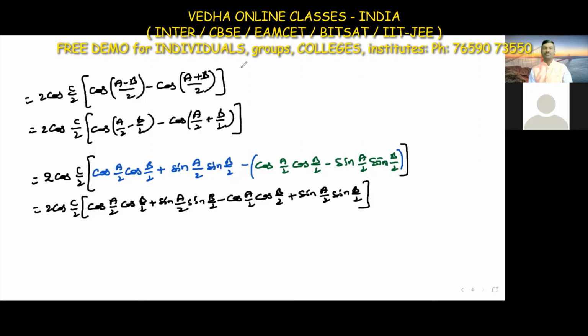Here, what can we cancel? We have a minus sign in the middle. The cos A by 2 cos B by 2 and minus cos A by 2 cos B by 2 get cancelled.